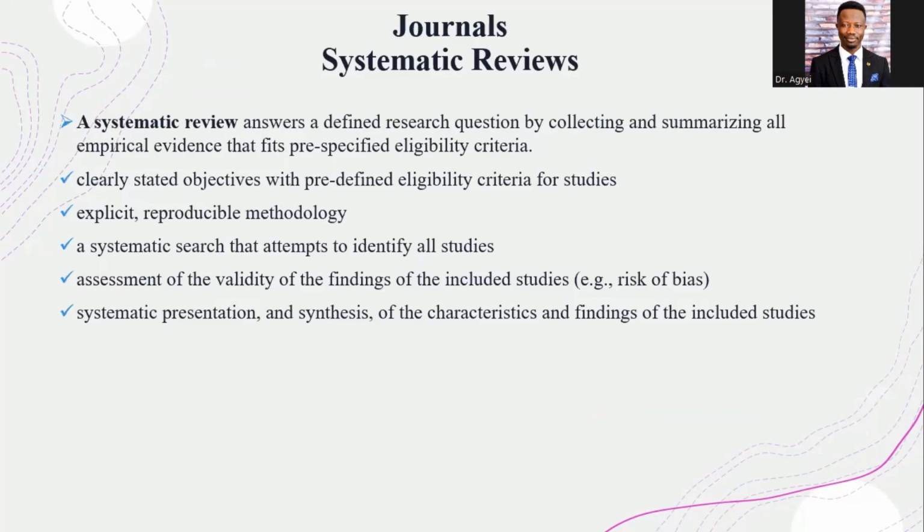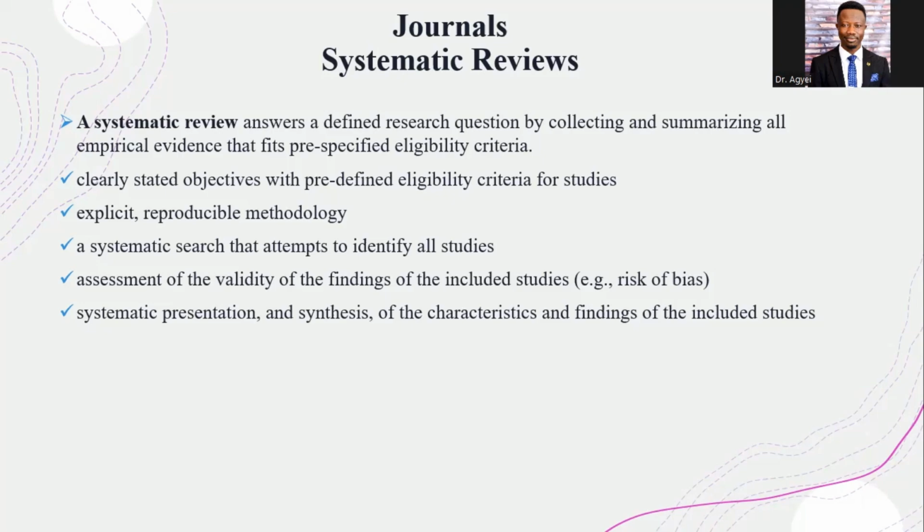And when you look at journals, some journals go into what we call systematic reviews. So you will see the journal has a specific research question, and while they have the research question, they collect data, summarize all the data and everything for the study.